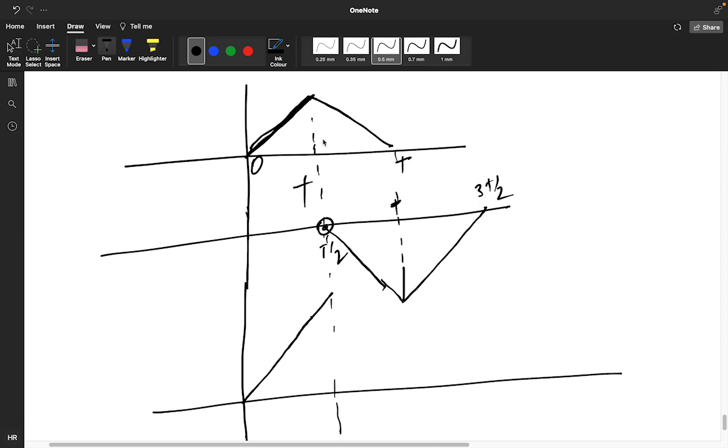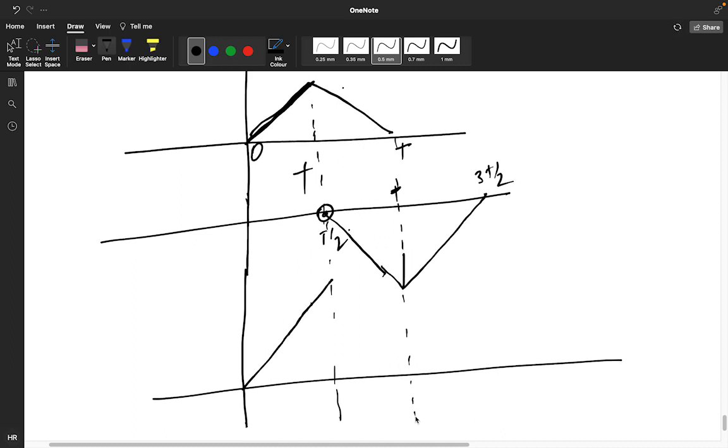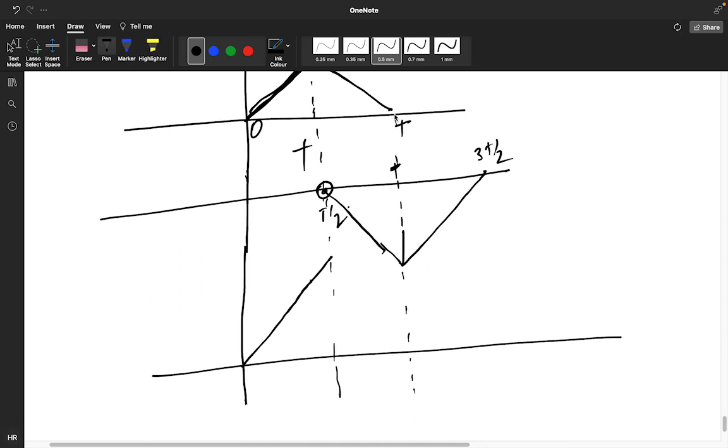Okay, now what we are doing: this value is getting subtracted from this value. At this t point, this value is 0 and this value is some negative, so the negative value will come.